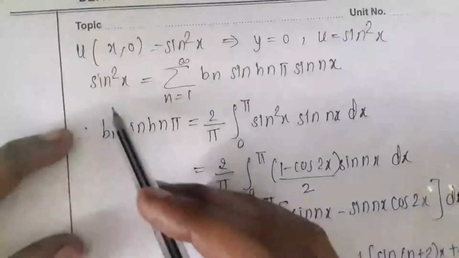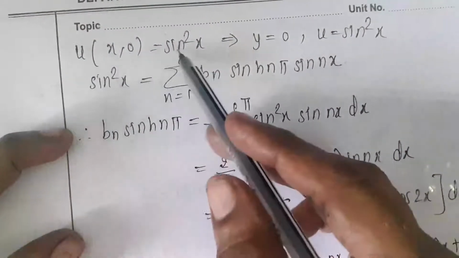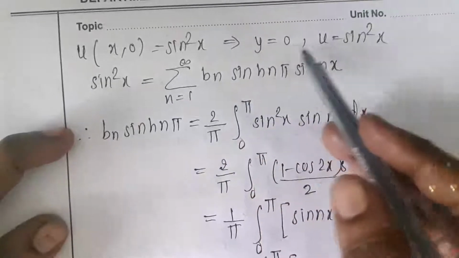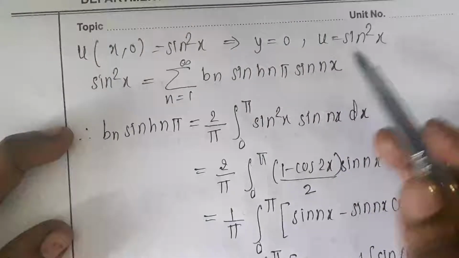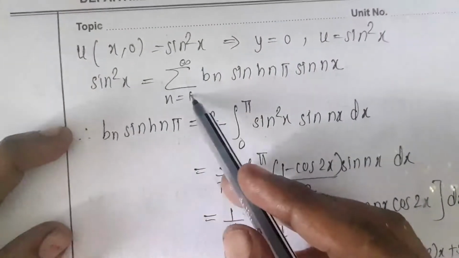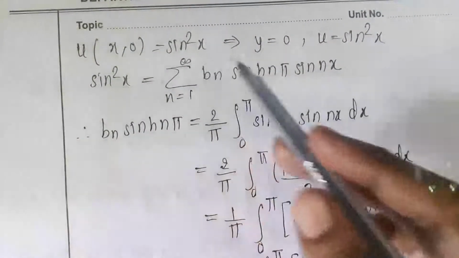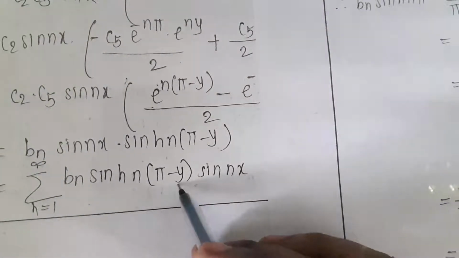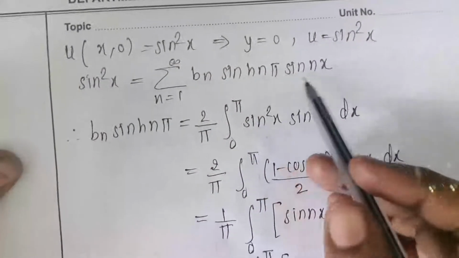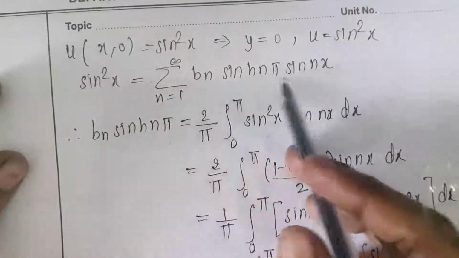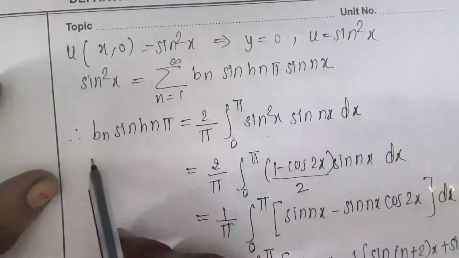So to get the value of bn, the condition is given as u of x, 0 is equal to sin square x. Meaning, y is equal to 0, u becomes sin square x. So put here sin square x is equal to the sum from n equal to 1 to infinity of bn multiplied by, now y is equal to 0, so this becomes sinh n pi multiplied by sin nx, but this becomes a complete constant term.